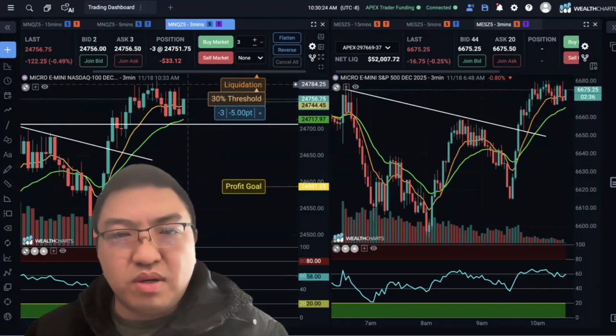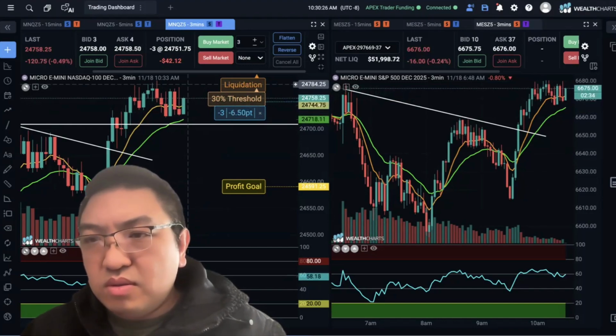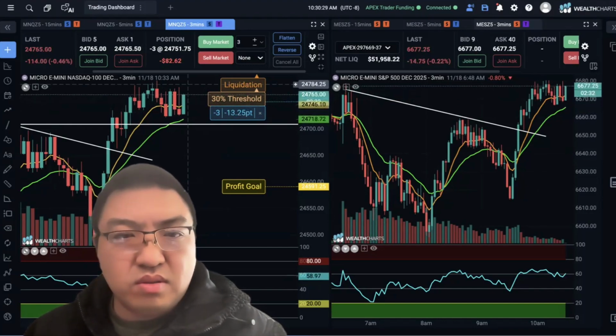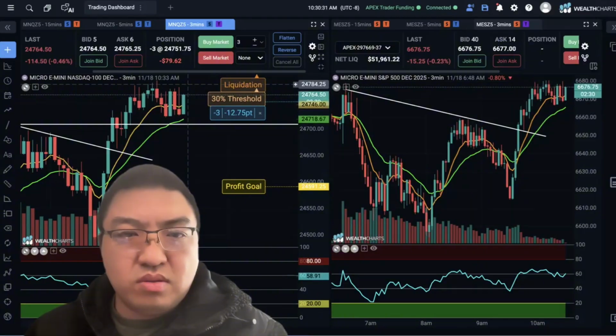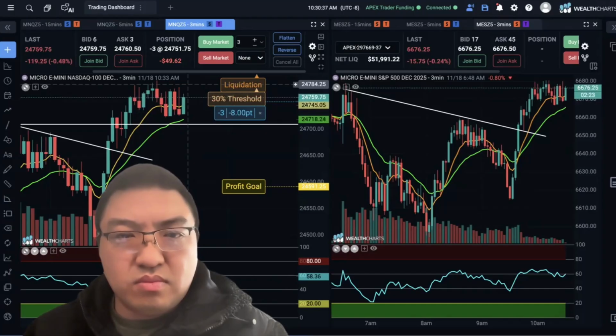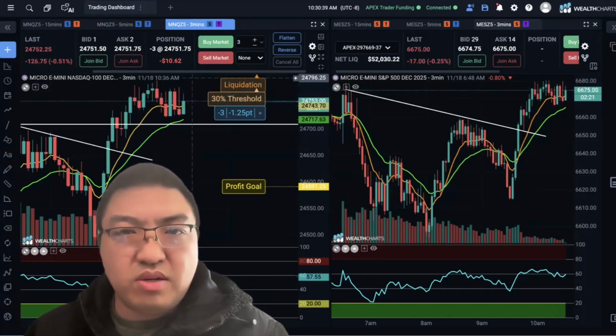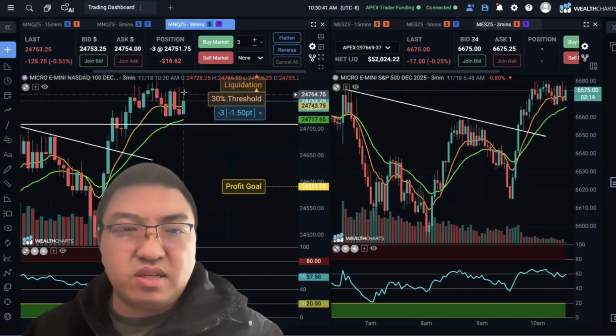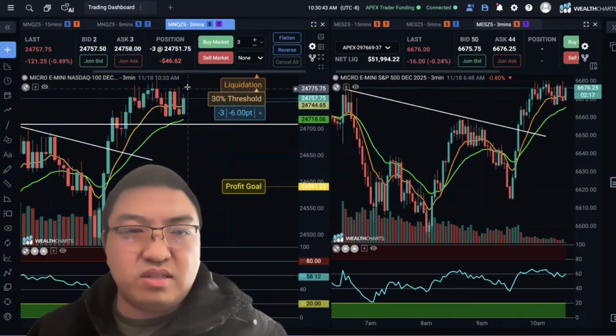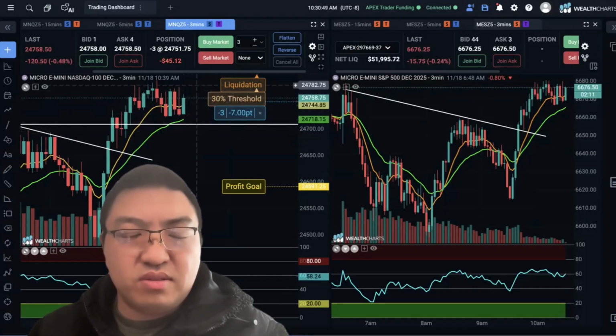See, it's sideways. Gets rejected even earlier. It cannot create a higher high. See here, it's just getting rejected, going down.